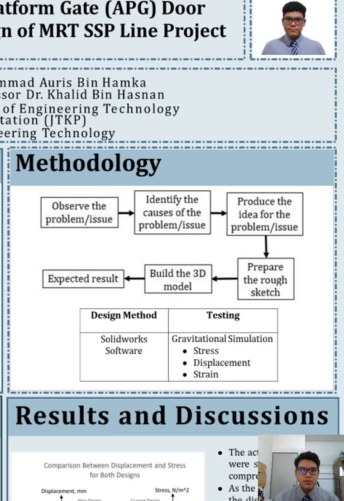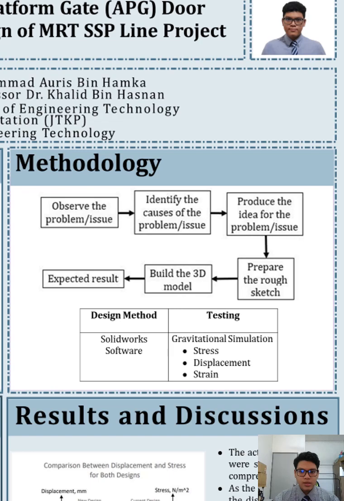To summarize the methodology process of this project, the block diagram for development of the 3D APG model for the new slot design of door rubber starts by observing the problem or the issue and identifying the causes of the problem, both of which have been discussed in the literature review a minute ago.